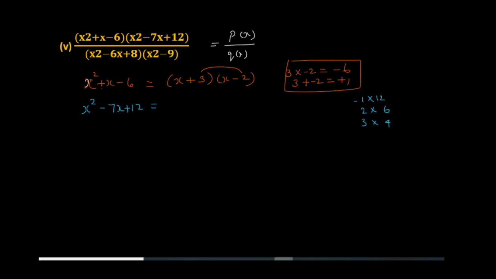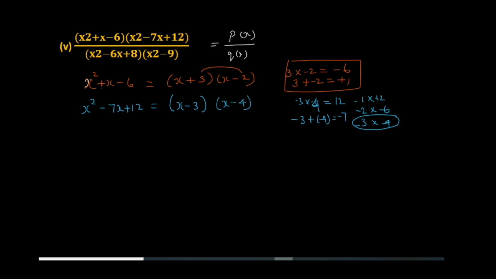Both are negative, so that the addition term we will be getting negative. So these are the correct integers, which means minus 3 into minus 4 will give plus 12, and minus 3 plus minus 4 will give minus 7. So the factors are x minus 3 and x minus 4.